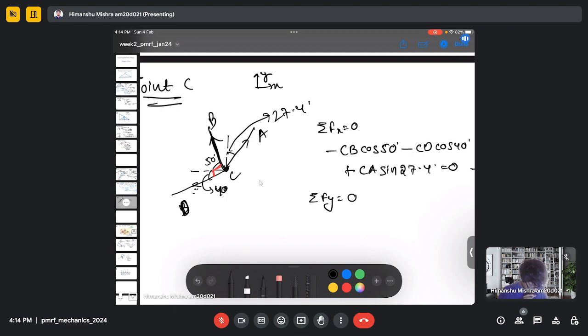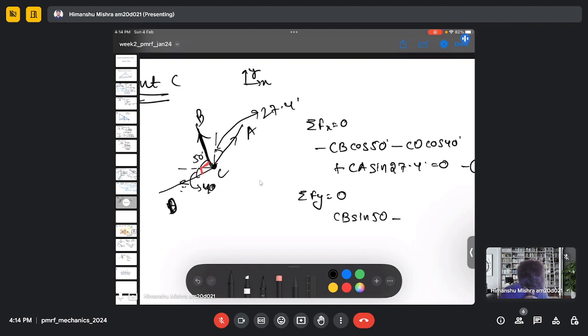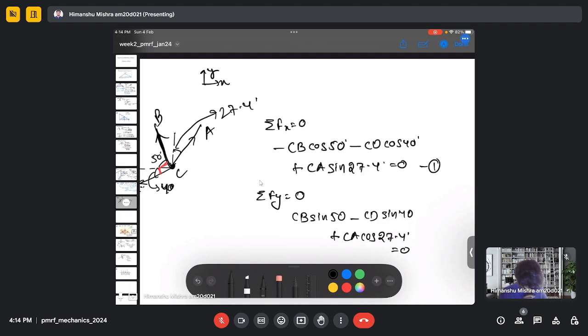And if I do the force balance in the vertical direction, I will have CB sin 50 minus CD sin 40, plus CA cos 27.4 equal to 0.